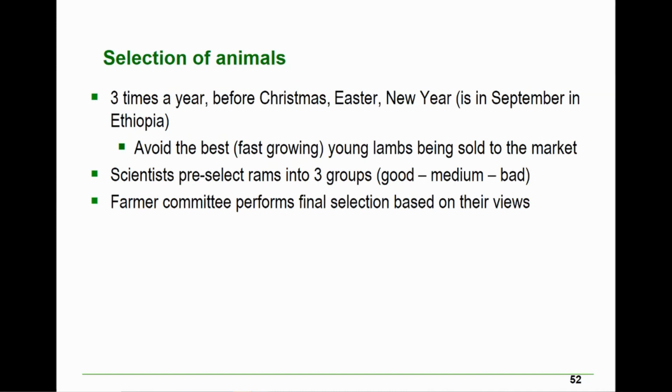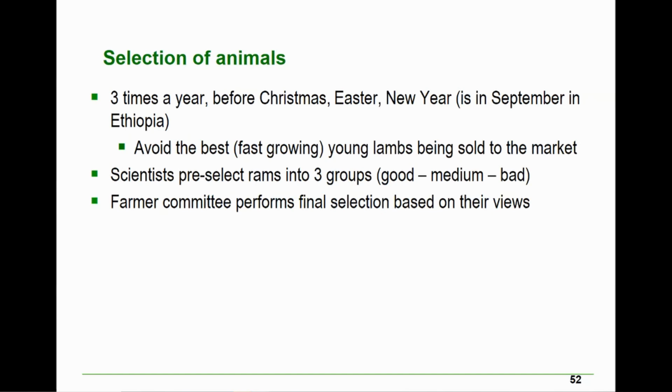So at the end, although the researchers set up a list and it's usually quite clear which animals should be selected, still the final choice is with the farmers, and they are told that these animals are the best, these are medium, and these are the worst, but they are still allowed to choose any.